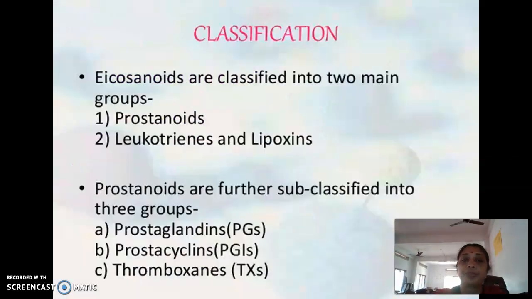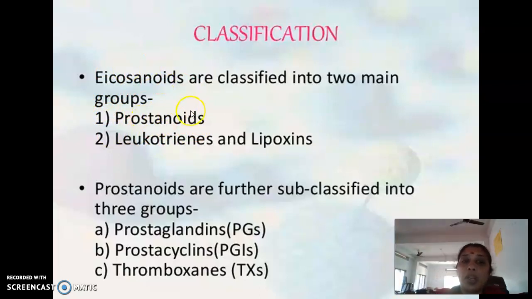Clear? The eicosanoids are classified into 2 main groups, namely prostanoids, and leukotrienes and lipoxins. Prostanoids include prostaglandins, prostacyclins, and thromboxanes.